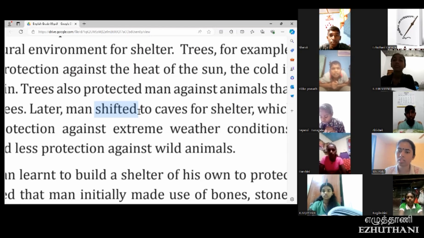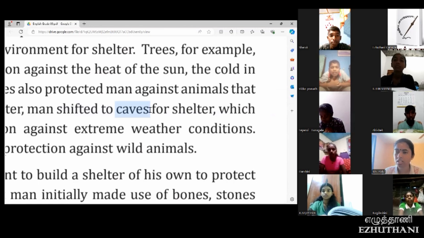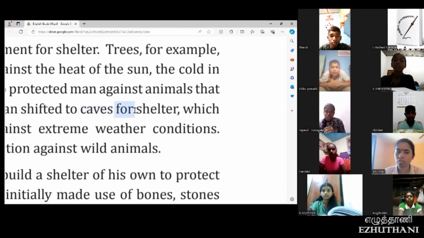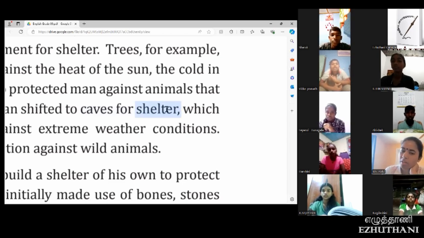Shifted to caves for, what's this word? Shelter. இத பத்தி தான் நாங்க இவ்வளவு நேரம் வாசிக்கிறோம். உறைவிடம் shelter, right? Shelter.